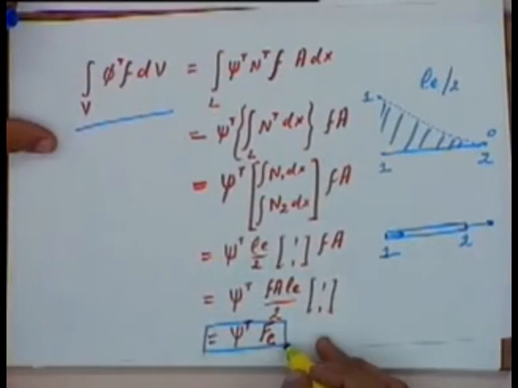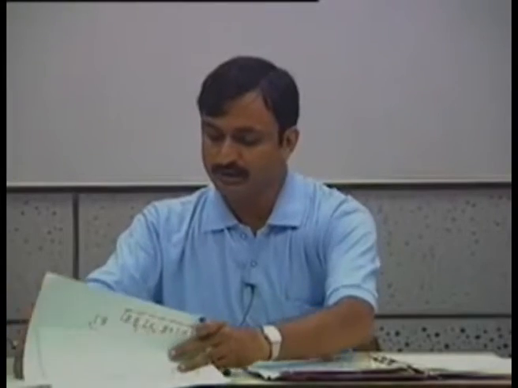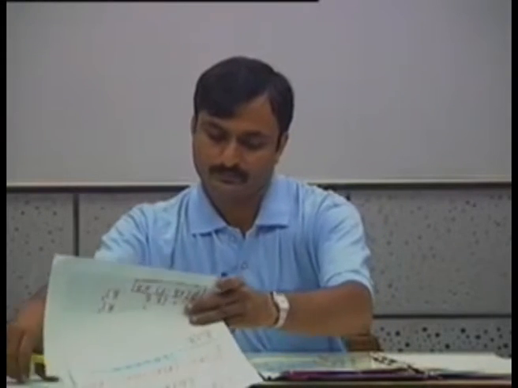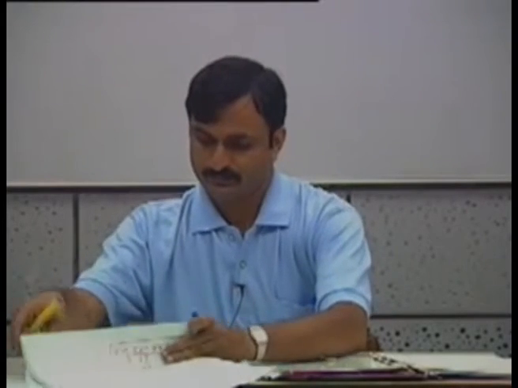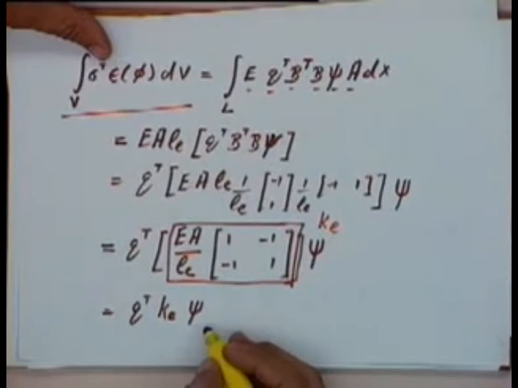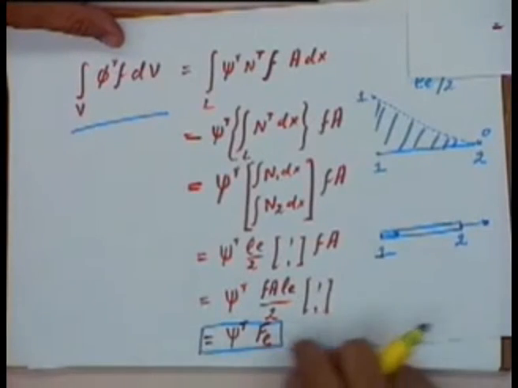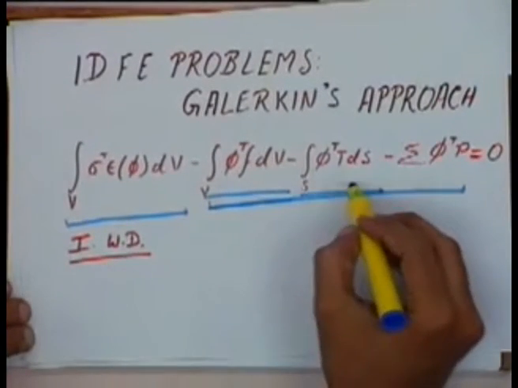This is the second term. For the first term we got this expression. For the second term we got this expression, and a similar expression we got for the third term, that is for this term.